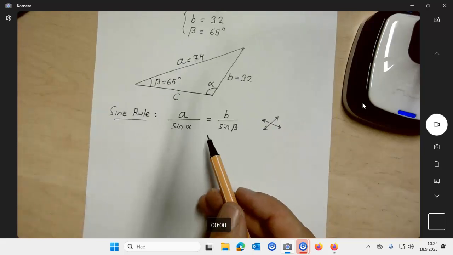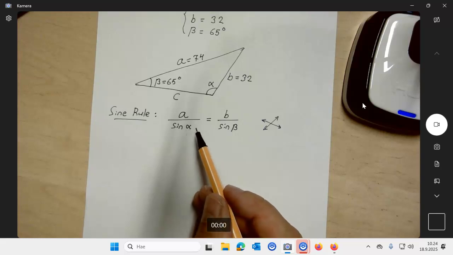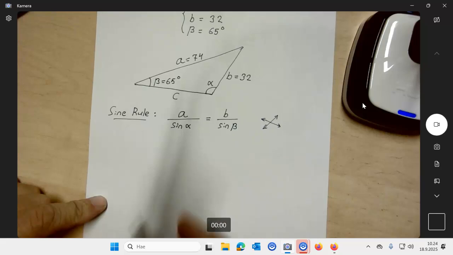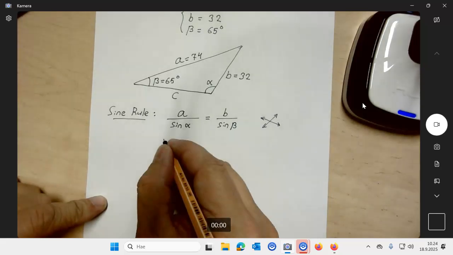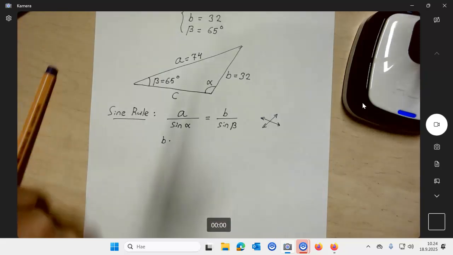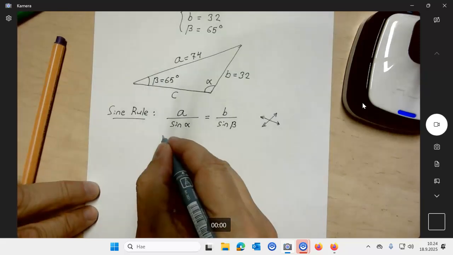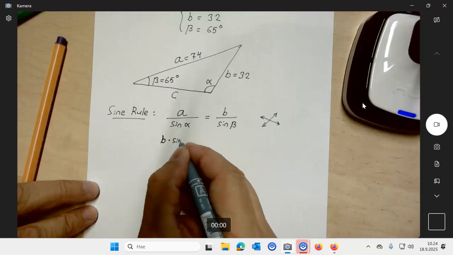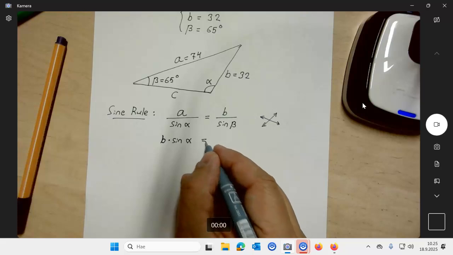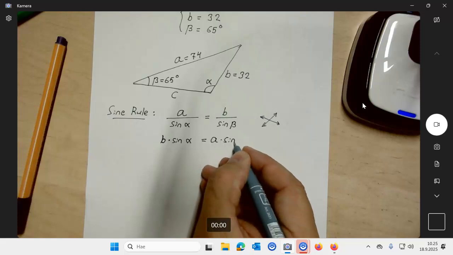And now the unknown is this alpha here, so I prefer to multiply these first. The same order is not important, but in this problem it is easier to get the unknown in the left hand side. B times sine alpha equals A times sine beta.